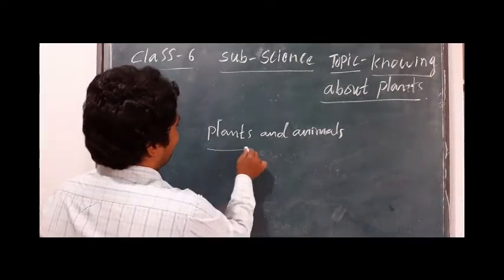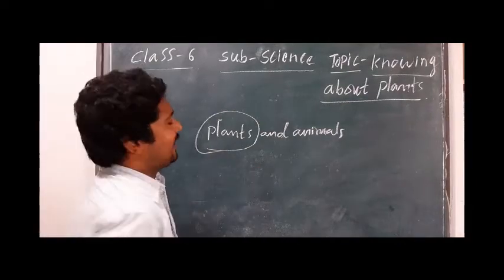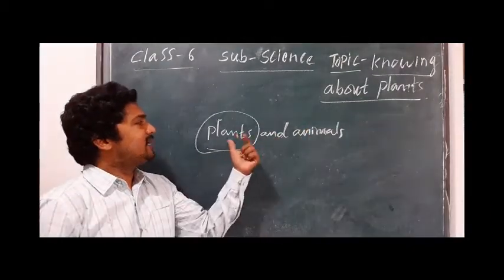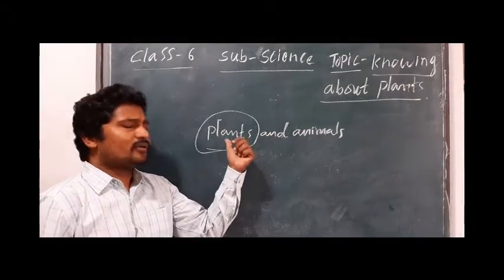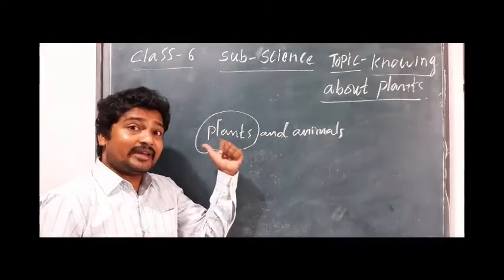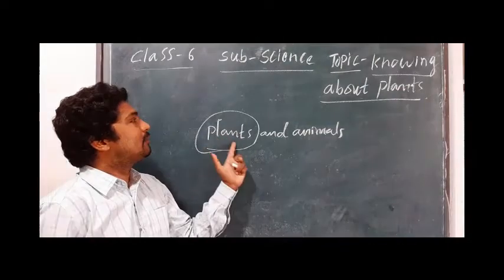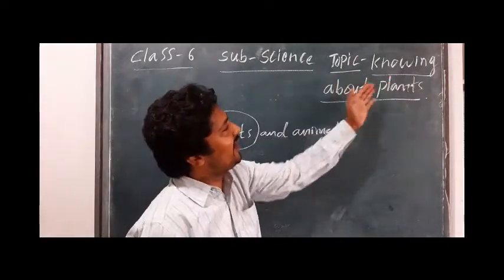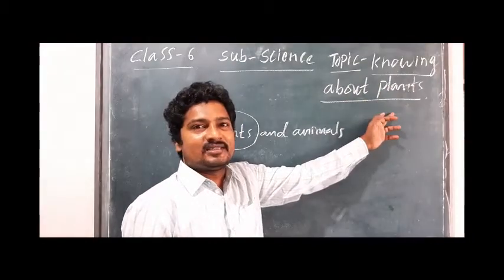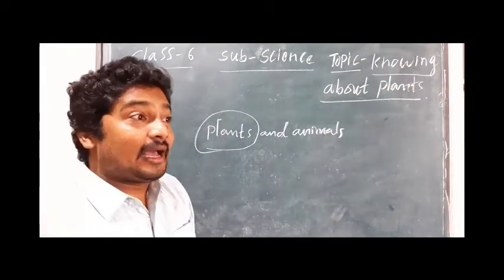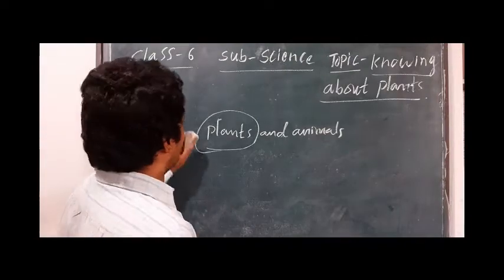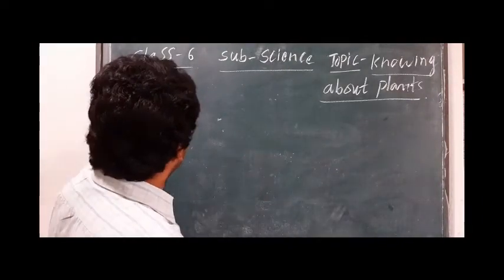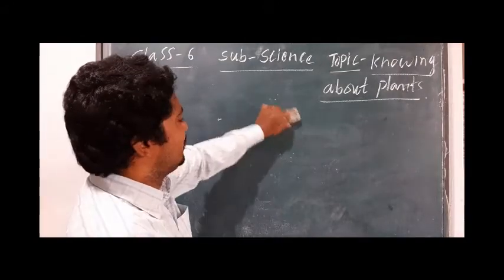So now we are going to discuss the plants. These sources of food, plants and animals, no? So now we are going to discuss plants in detail. That is knowing about plants. Okay, children? Knowing about plants. Before I start this lesson, we should know about plants.